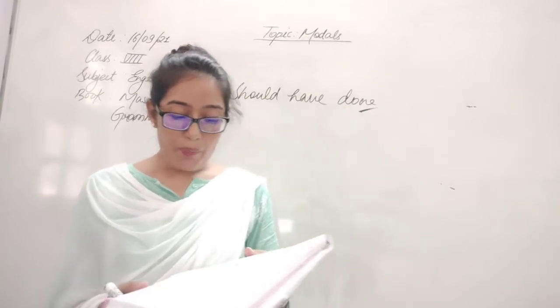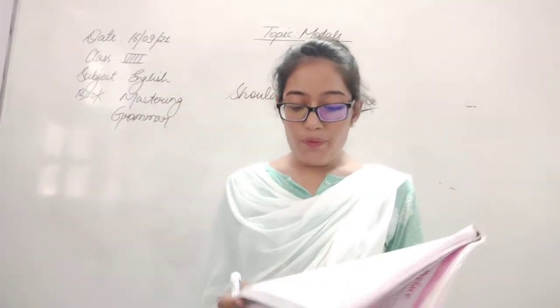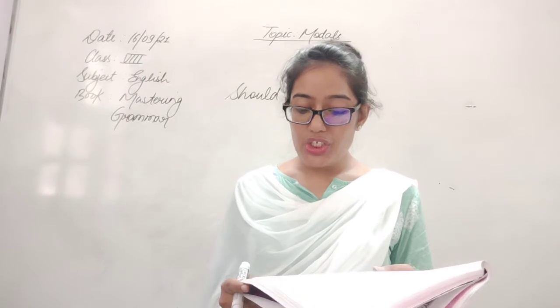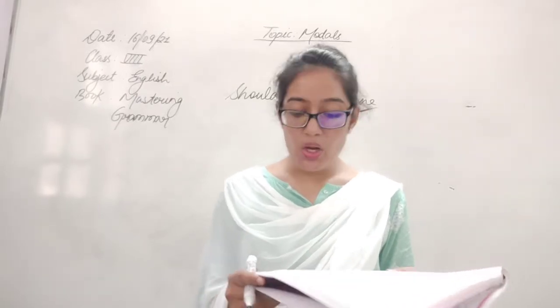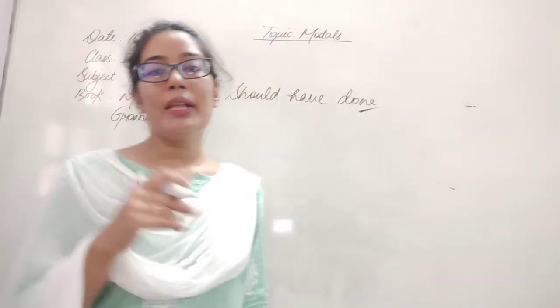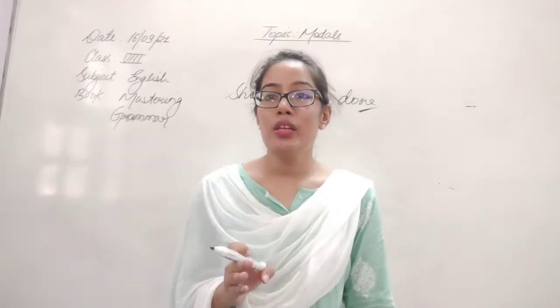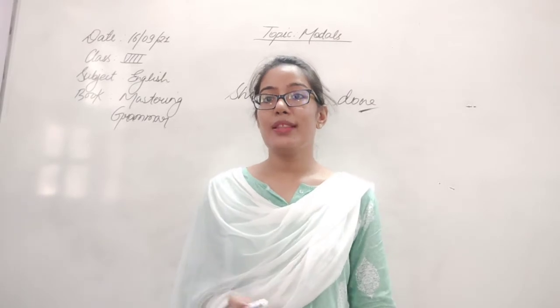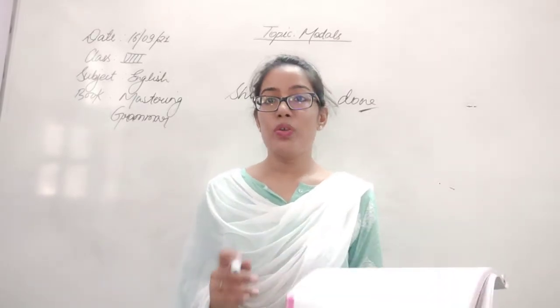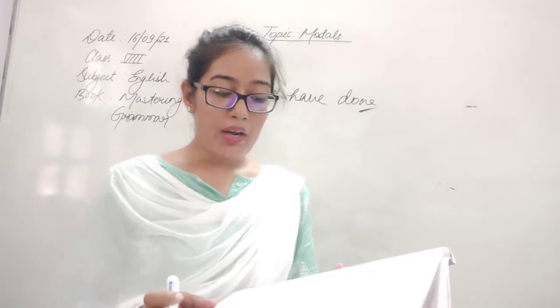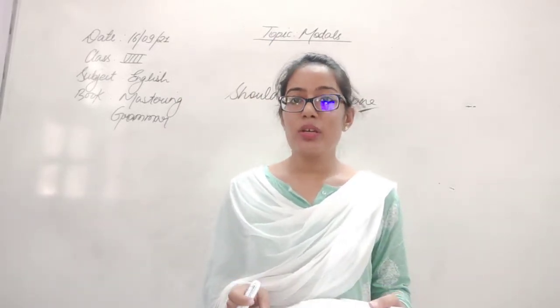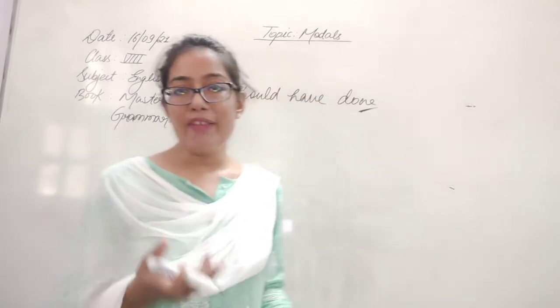Example, Parul should have informed the teacher that she had not completed her assignment. It means it would have been better if Parul had told that she had not done the what? The assignment. To whom? To the teacher. Parul should have informed the teacher that she had not completed her assignment.